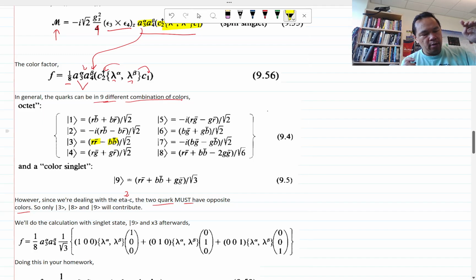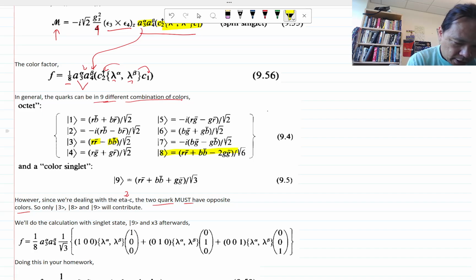So you have the chance where quark number 1 is red and the anti-quark is anti-red, with the square root of 2 as the amplitude for that. And you can also have the same chance of being blue. Then the other one, number 8, can be red, blue, and negative twice the amplitude of being green, anti-green. You also have this color singlet, which is 9.